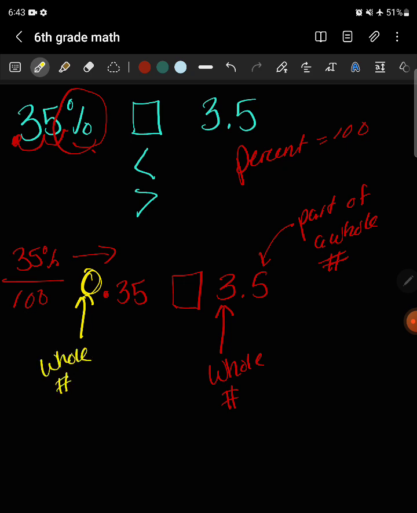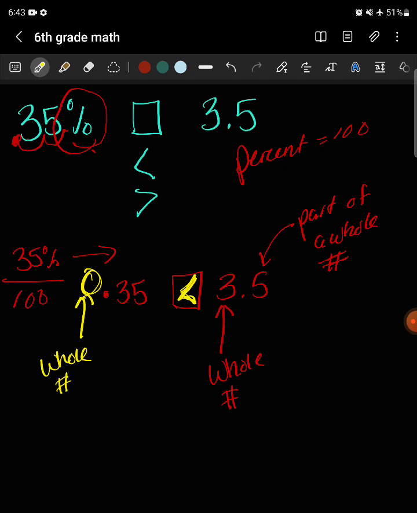And so when I'm comparing these two numbers, my whole number to the left is at 0 and my whole number to the right is at 3. 3 is larger or greater than 0. So just by that alone, I know that 3 5/10 is larger than 35 hundredths.